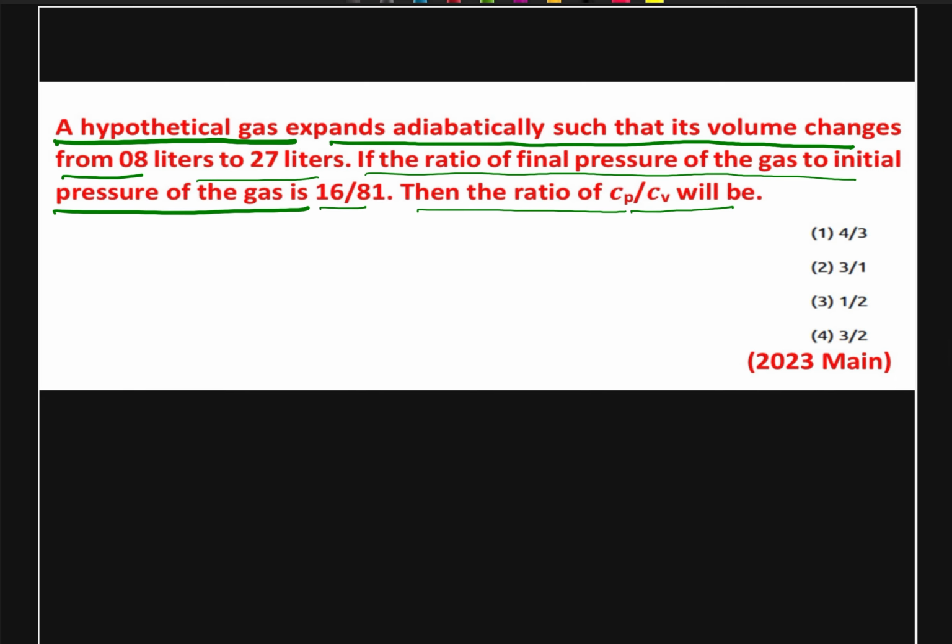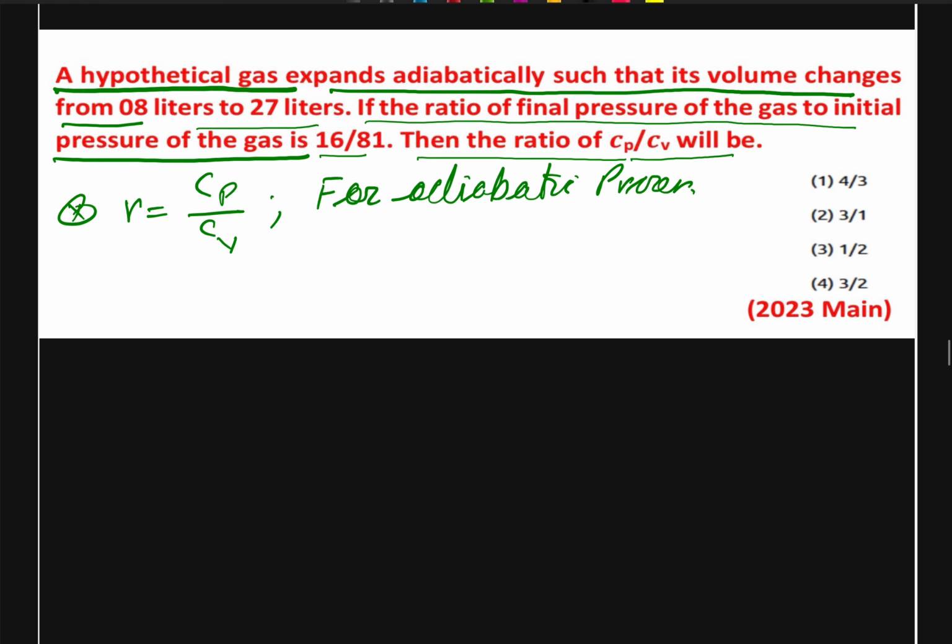We know that our adiabatic index, gamma, is equal to C of P upon C of V. And for an adiabatic process, we know that PV raised to power gamma is equal to constant.